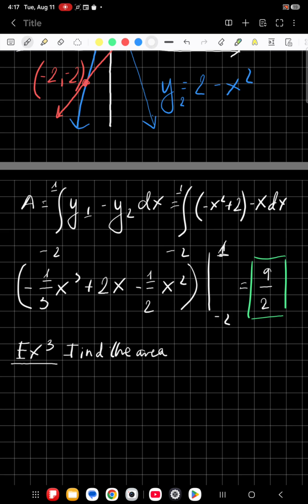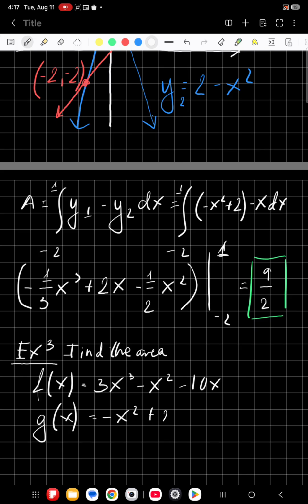Okay, so the equations we have, the first one is 3x cubed minus x squared minus 10x. And then the second one, g of x, is negative x squared plus 2x.